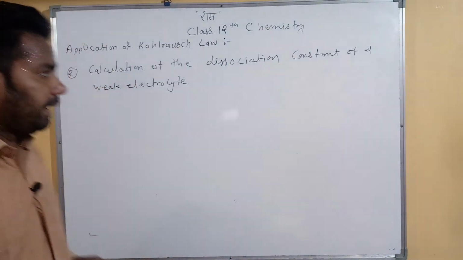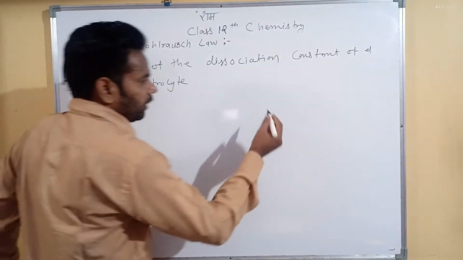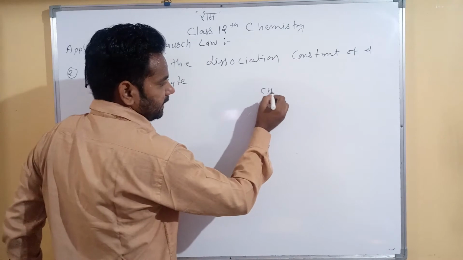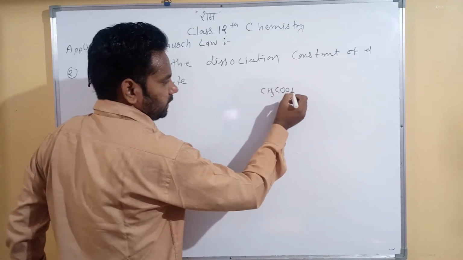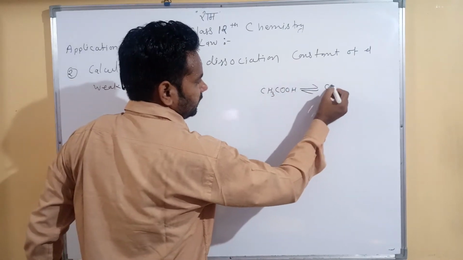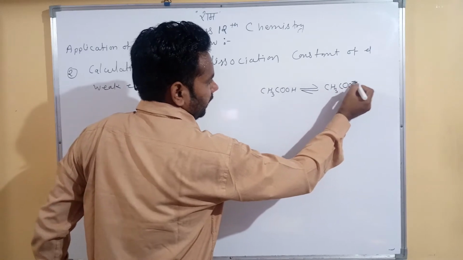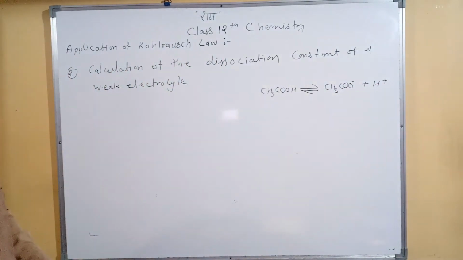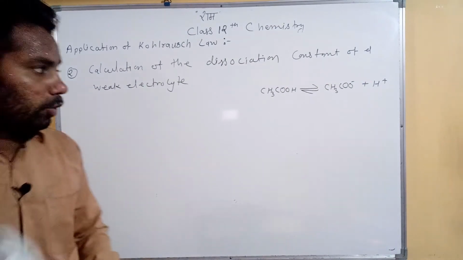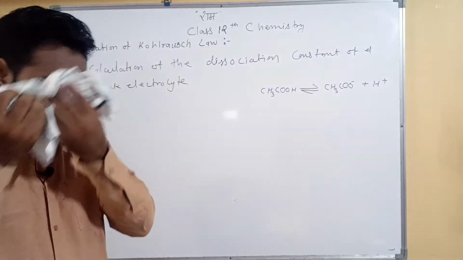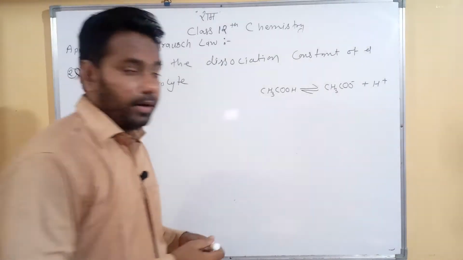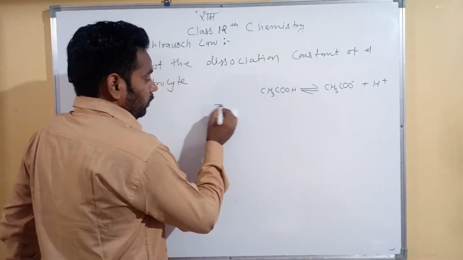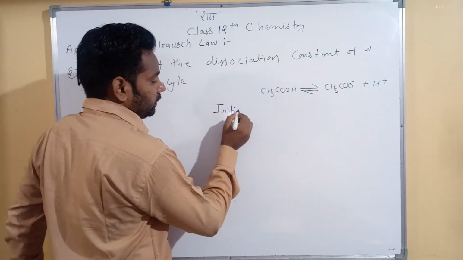Now I consider one weak electrolyte example like acetic acid, CH3COOH, is converted into CH3COO negative ion plus H plus ion. So now the degree of dissociation, I know that degree of dissociation is shown by alpha. So now we take initial concentration.